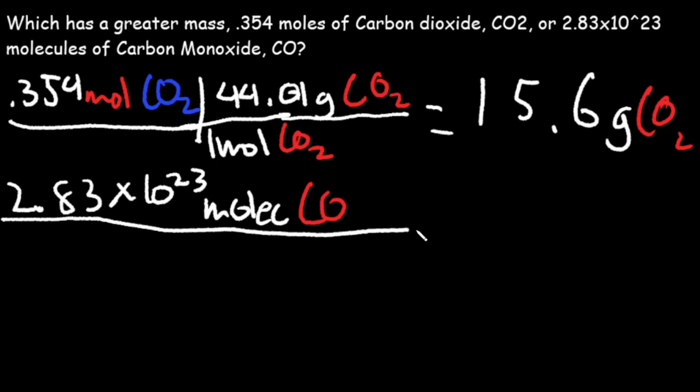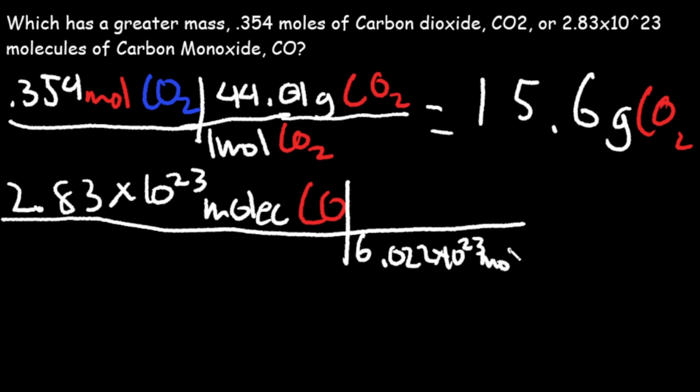The first step is to divide by 6.022 times 10 to the 23rd molecules of carbon monoxide, which is 1 mole of carbon monoxide.